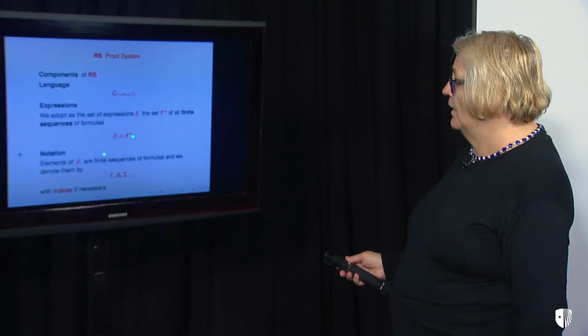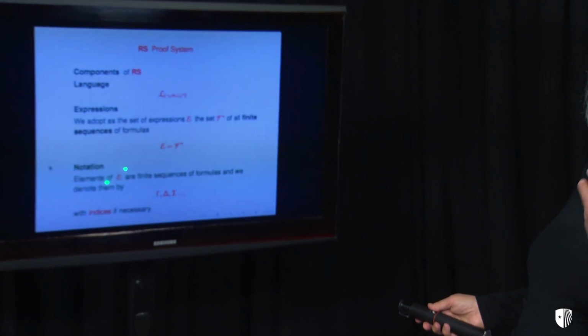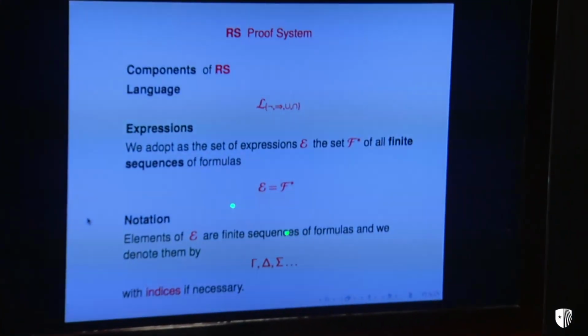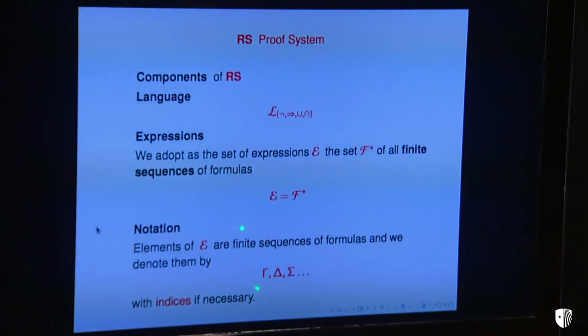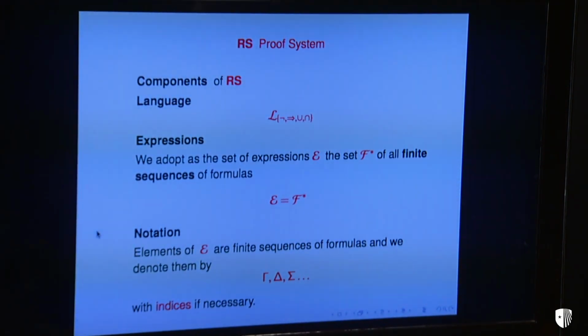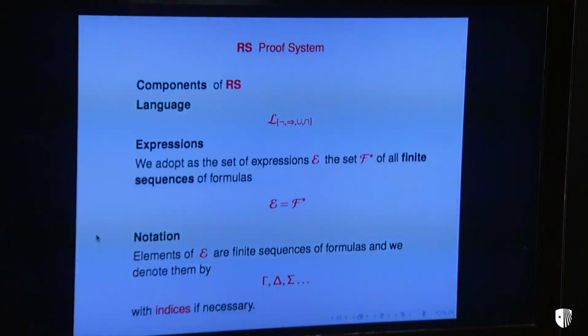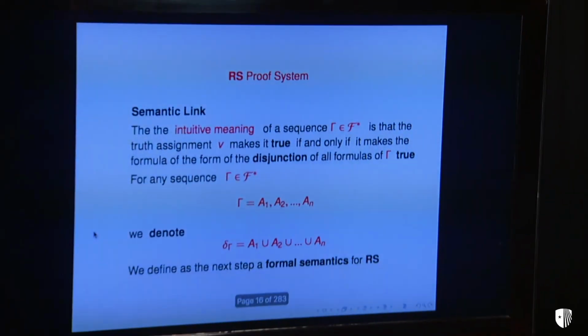So now the elements of the proof system are finite sequences of formulas, and of course we have notation. We use gamma, delta, sigma. They denote finite sequences of formulas.